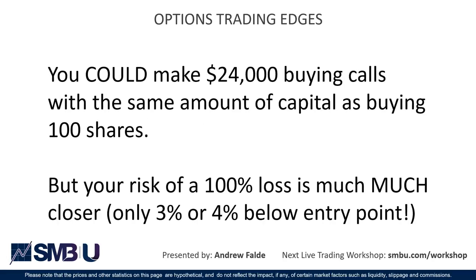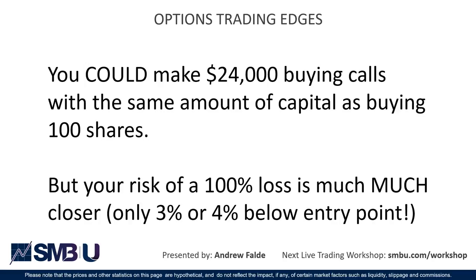Now here's something that could be really exciting. You could make $24,000 by buying the call. Because remember, the calls were really cheap. They were only $925. So you can buy even more calls. But two things happen. You'd have a pretty big loss even though you were right on the underlying movement.